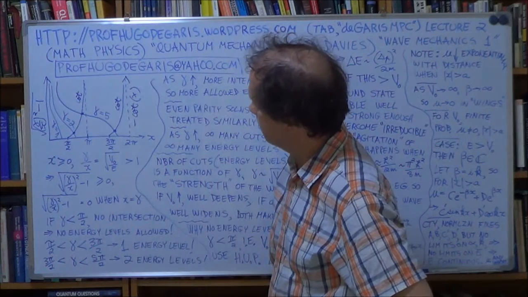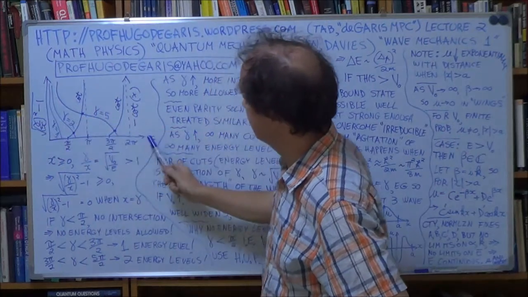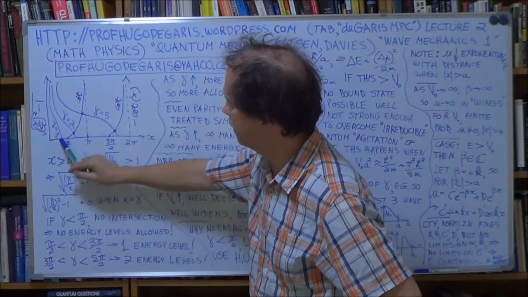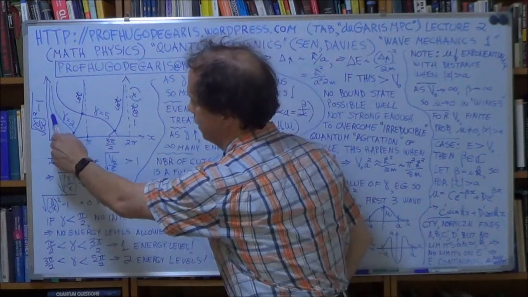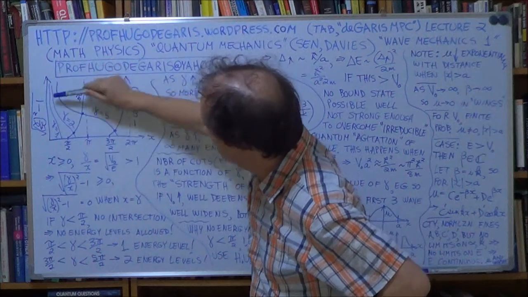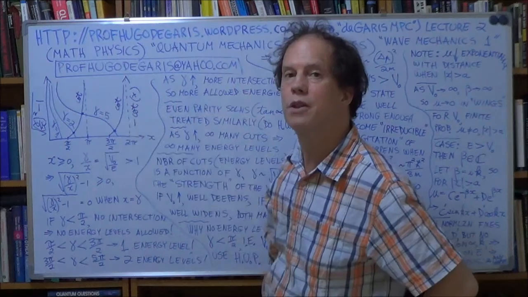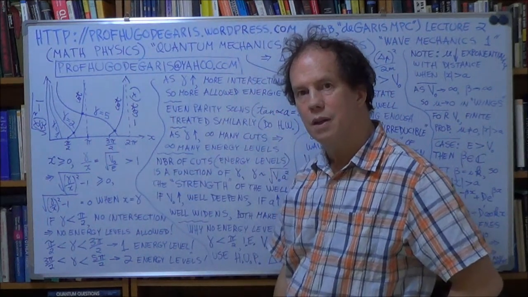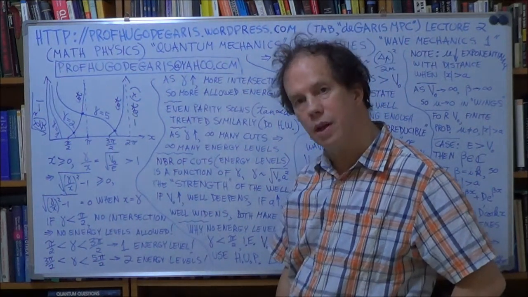and since this curve cuts the x-axis at gamma, that means if gamma is less than pi over 2, there won't be any intersections. Like you see here, gamma's 1. That's less than pi over 2, and there's just no intersection of this curve with the first cotangent curve. And if there's no intersection, there's no allowable energy.